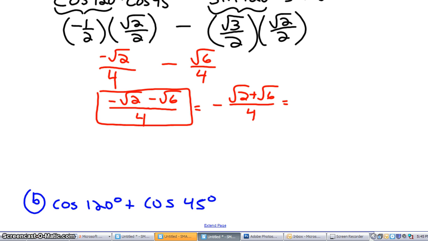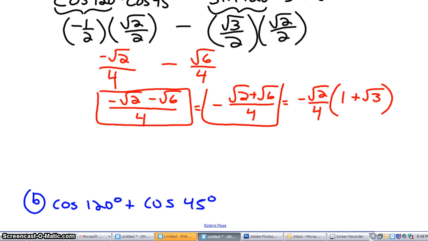And even further break it down, we could take out of the numerator a radical 2, take the 4 from underneath, and have the following solution: negative radical 2/4 times 1 plus radical 3. So in this case, I personally tend to like the first two, but oftentimes you'll find solutions as the following.